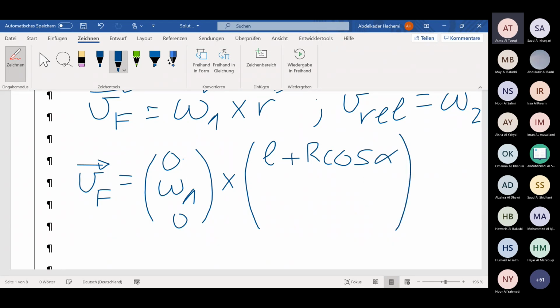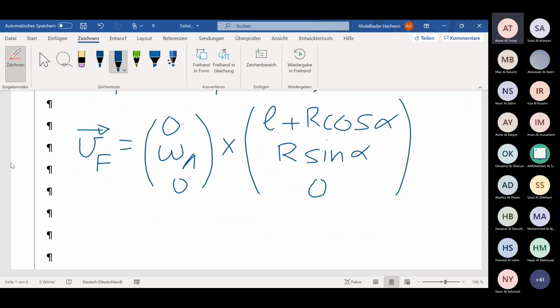In y direction, there is only R sine alpha, and in z direction, it's 0. Okay.